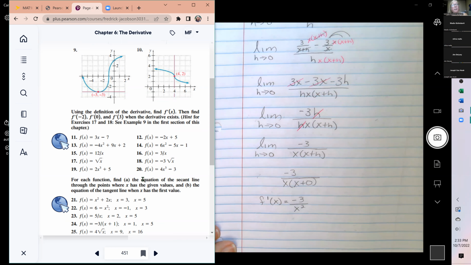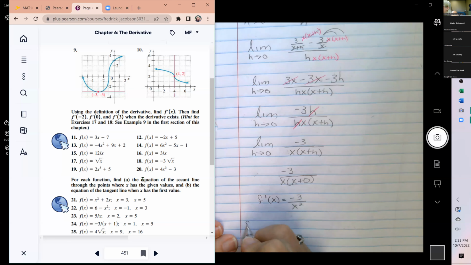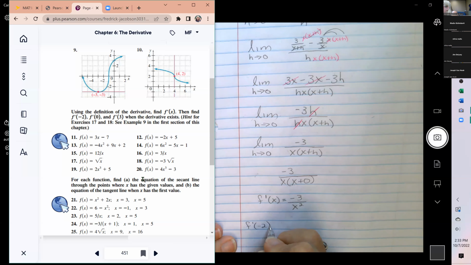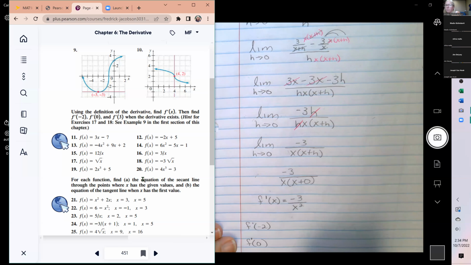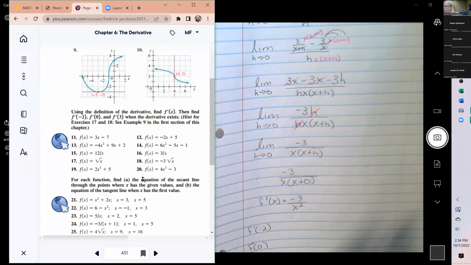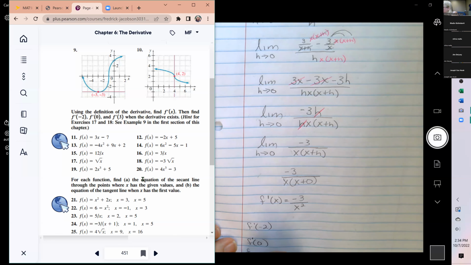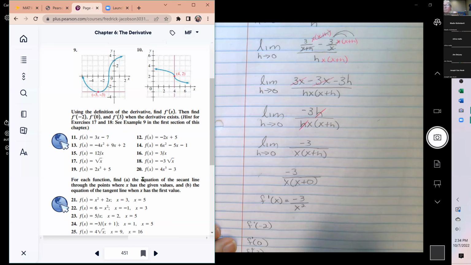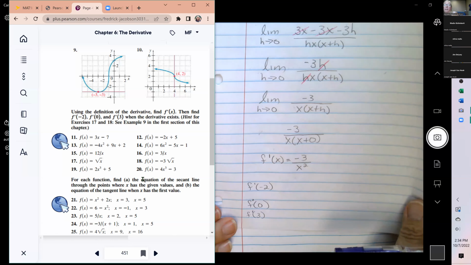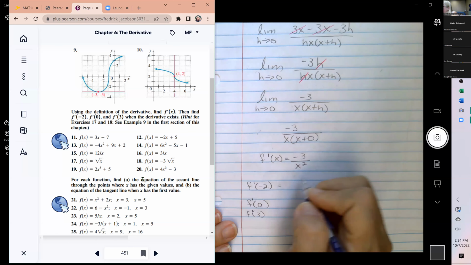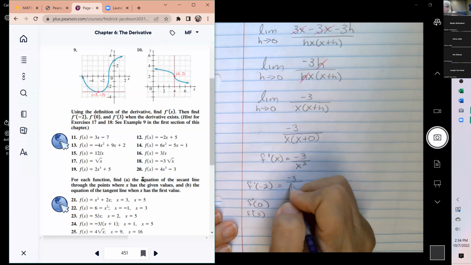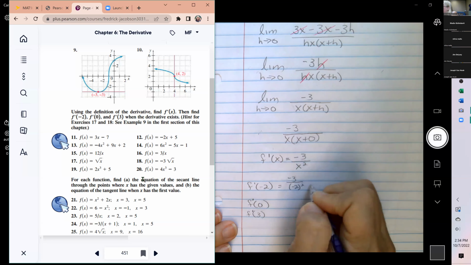It wants us to find f prime at -2, 0, and 3. So you just plug it into the equation. So the first one, -3 over -2 squared.